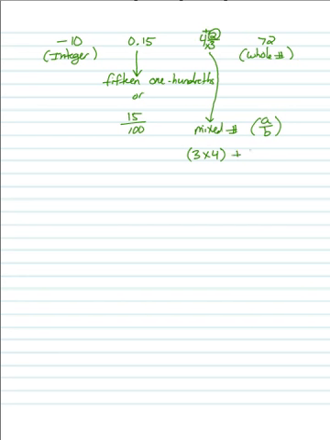That result is added to 2, and then we place this entire thing over our original denominator of 3. And if we simplify this, 3 times 4 gives us 12. 12 plus 2 gives us 14. And now we have the fraction 14 over 3, which is of the form a over b.